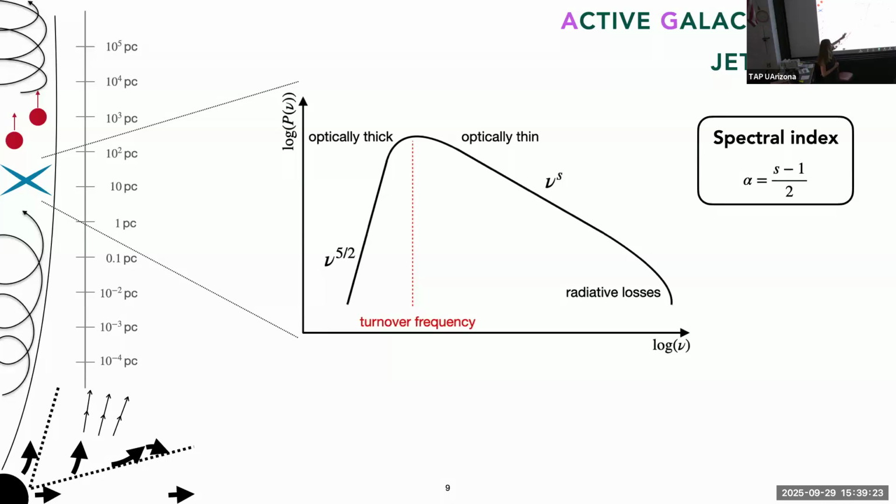And that is important because the energy distribution power law index s can be connected to the spectral index alpha in observations. So we have a powerful observational tool that we can link to a theoretical tool as well.